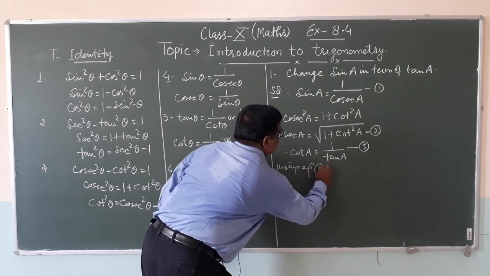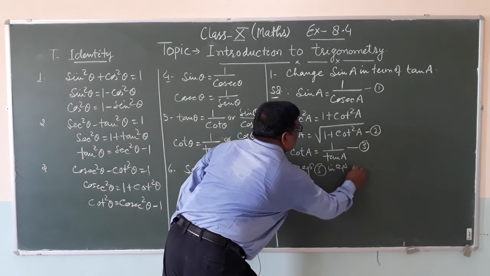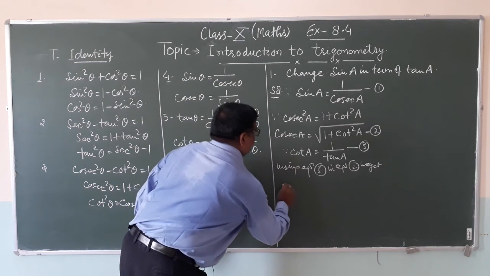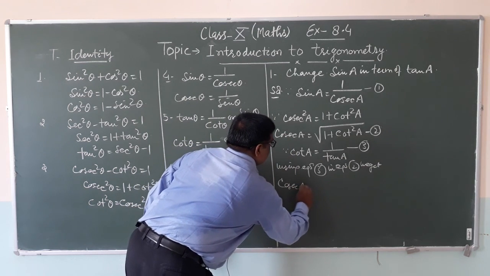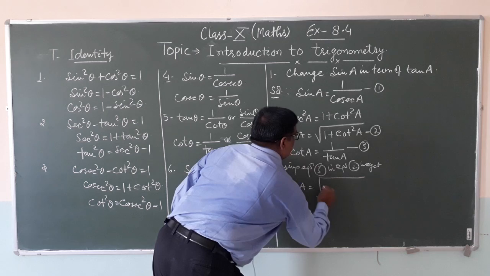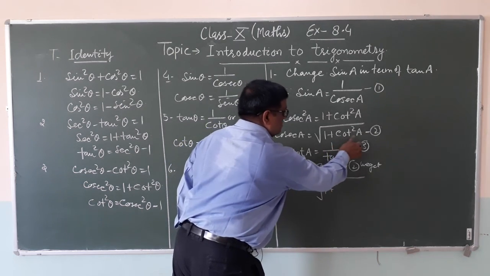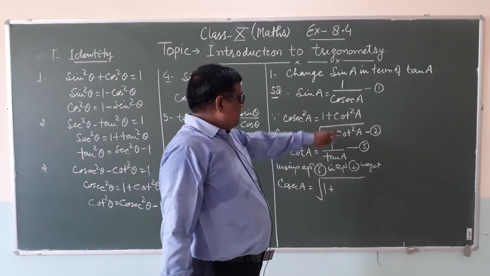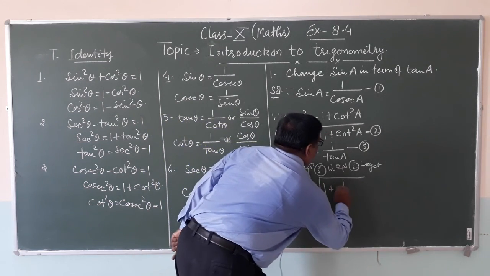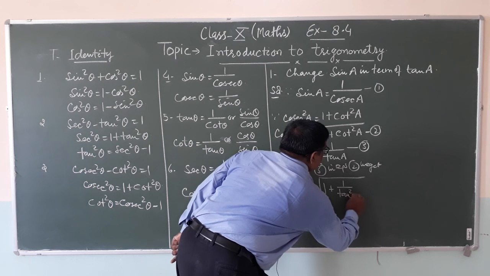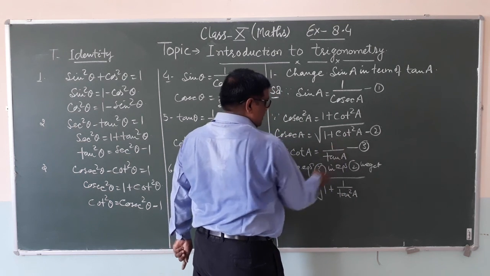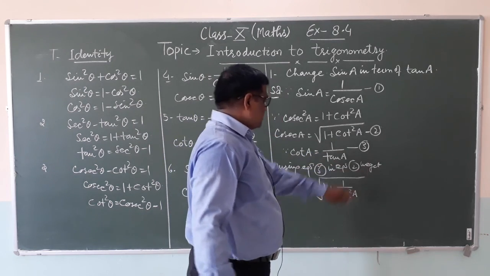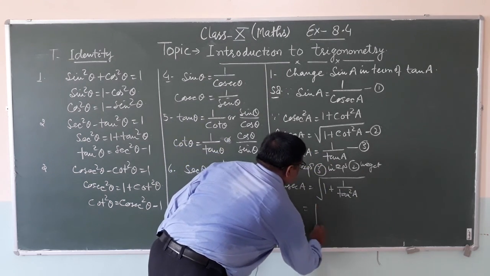Now using equation 3 in equation 2, we get cosec A is equal to square root of 1 plus cot square. Put the value of cot A equal to 1 by tan A, so we write 1 upon tan square A, because this is cot square A. So 1 square is 1, and tan square A is tan square A. Now take LCM of both.